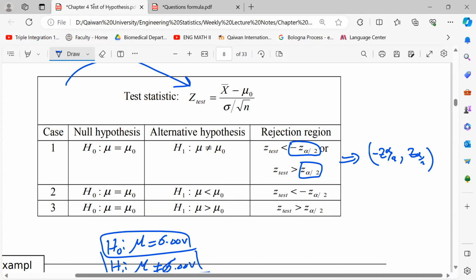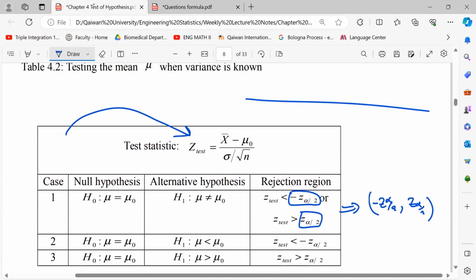Let's draw it on the line. Here minus Z of alpha over 2 and Z of alpha over 2. This is our interval. If Z test is less than this, if it's here, or if it's there, that means it's not in the interval, we reject H0.